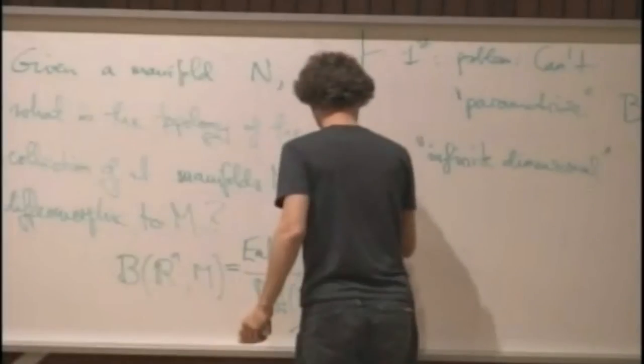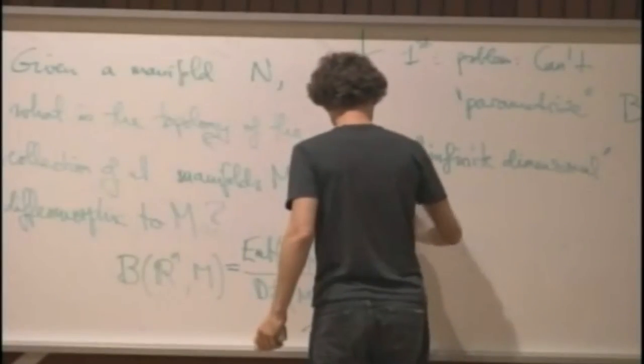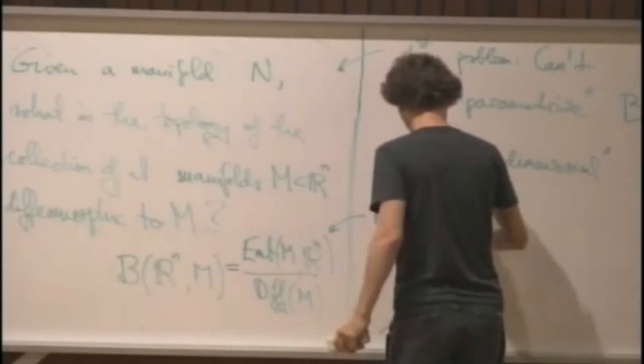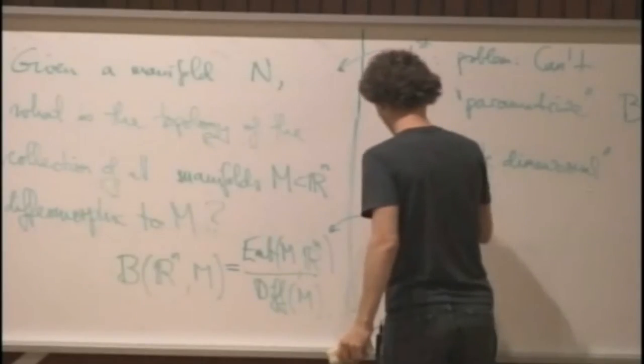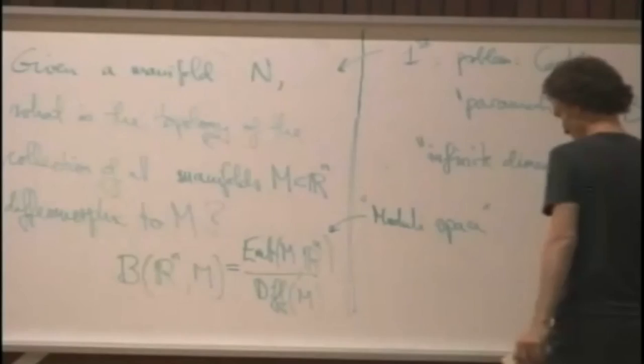But that's also not going to play a role, whether it's a manifold or not, at least not in anything I've said about it. So, okay, that's the question. This is what I mean by a moduli space, by the way. You might call it a configuration space of manifolds or something, but I usually call it that.